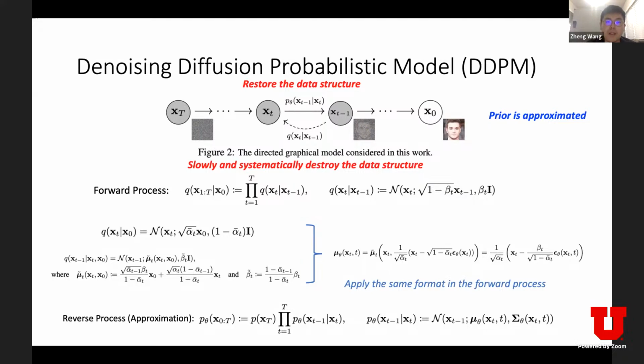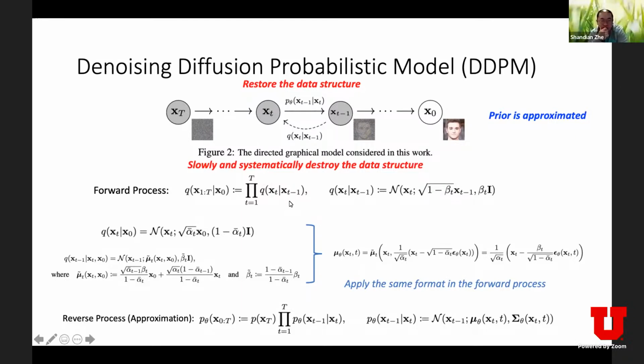But in the DDPM, we defined the explicit form of the posterior distribution, and the prior distribution is approximated. Do you guys have any questions here about how the generative distribution is formulated?